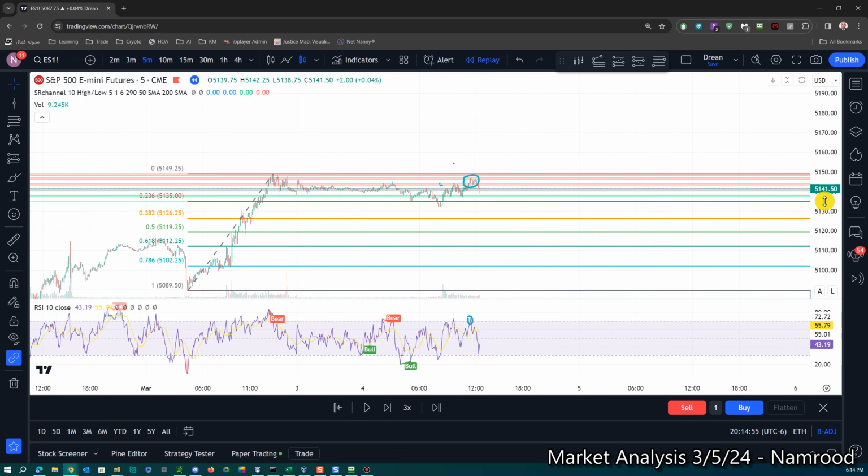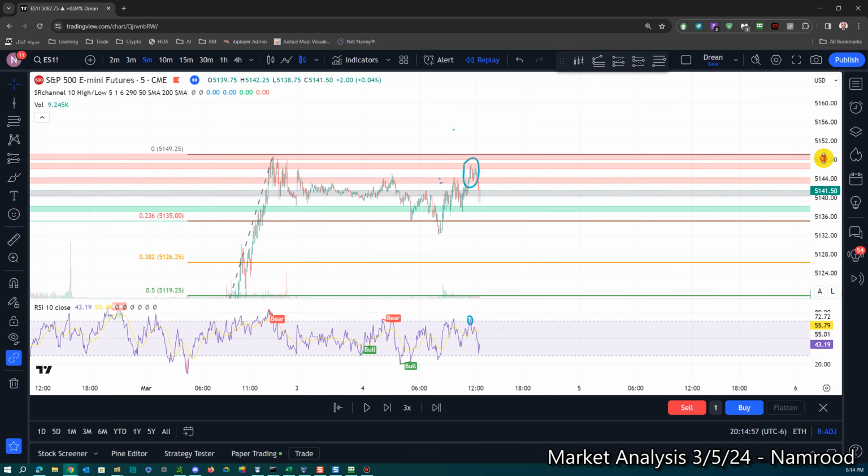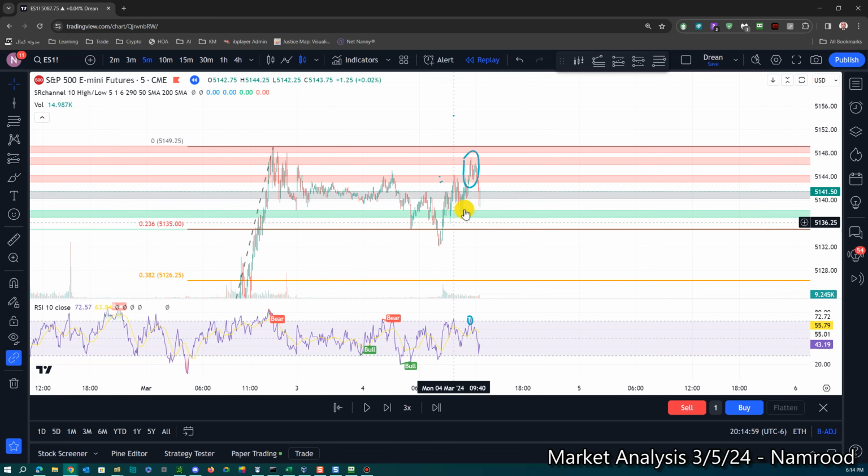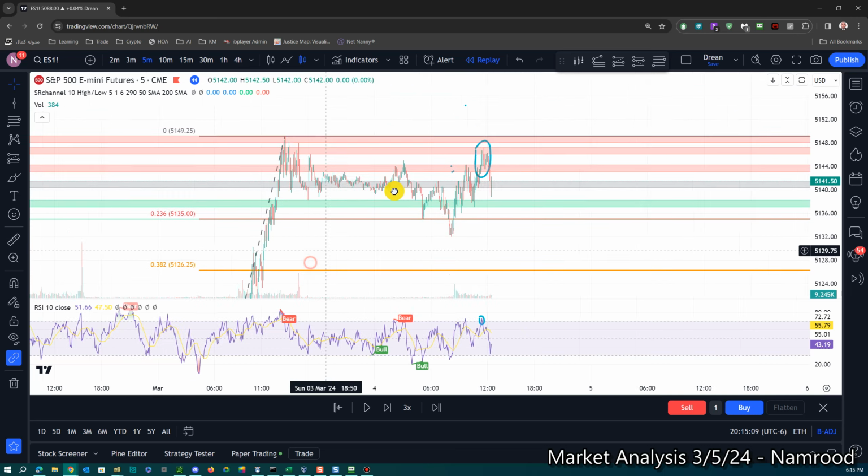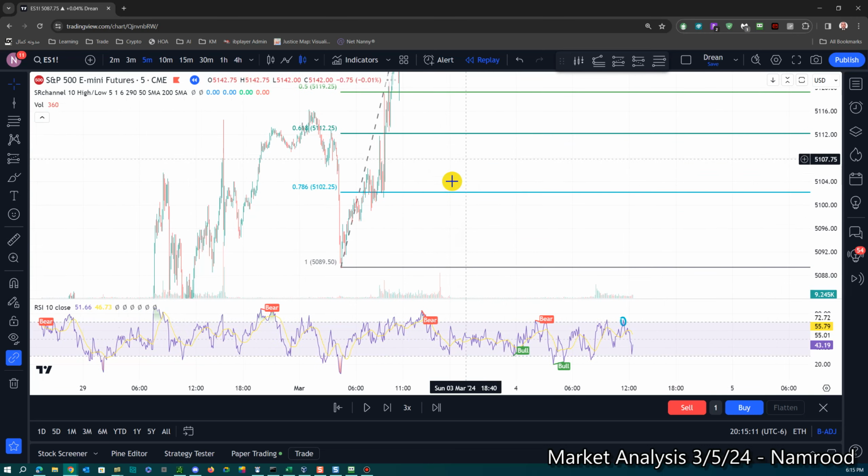And we can continue. Now I know that it's a little bit confusing because you can see the resistance and support along with the fibs.